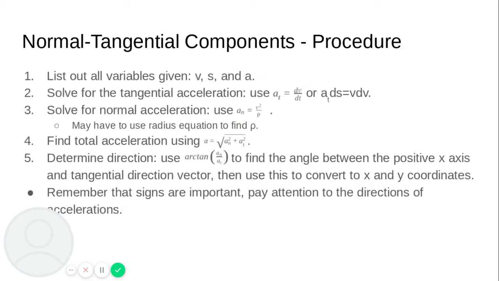We can use the simple trig identity arctan of the normal over the tangential accelerations to find the angle between the positive x-axis and the tangential direction vector, and then we can use this to convert to x and y coordinates. Remember that signs are important. Pay attention especially to the signs and directions of accelerations.